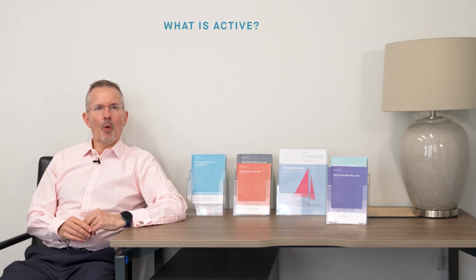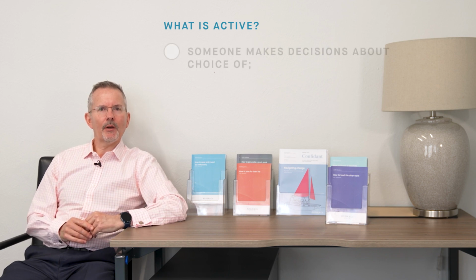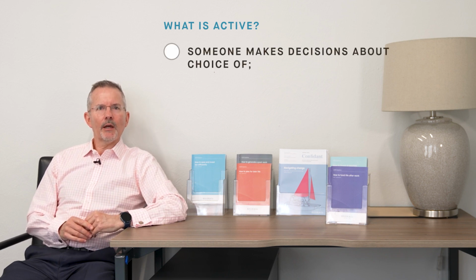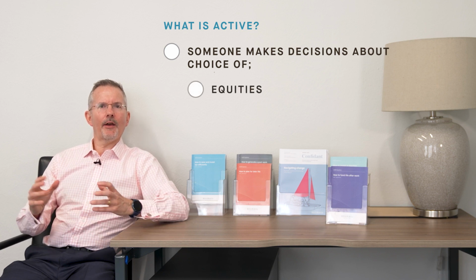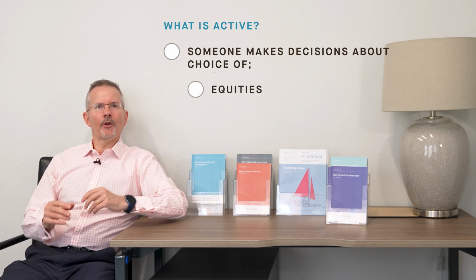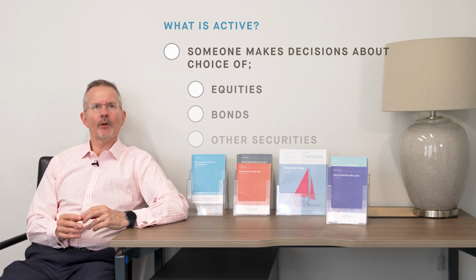So what is active investment management? Well, essentially it's all about deciding what you're going to buy. So in other words, where is your money going to be invested? Equities, bonds, cash, property, alternatives.